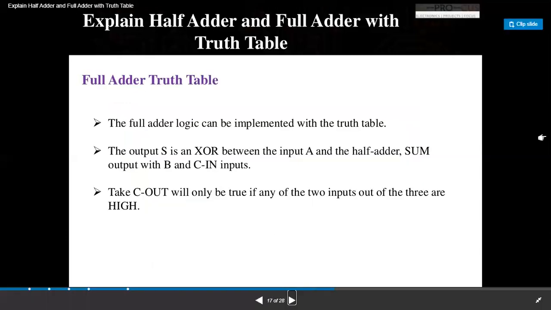The next one is the full adder truth table, or how we are able to obtain the truth table of this full adder.